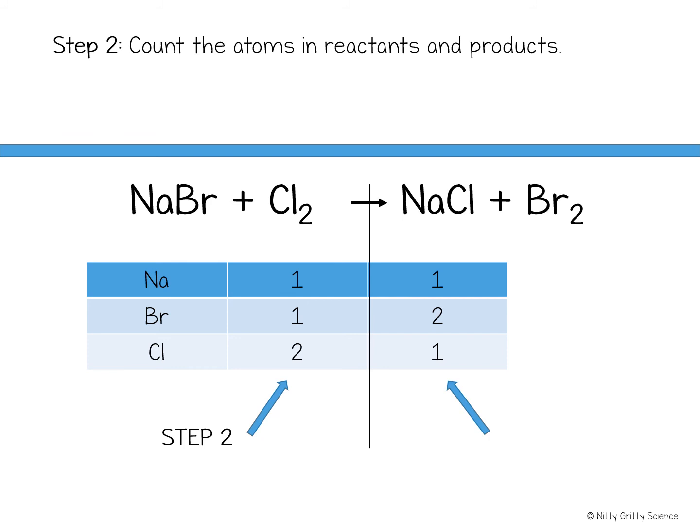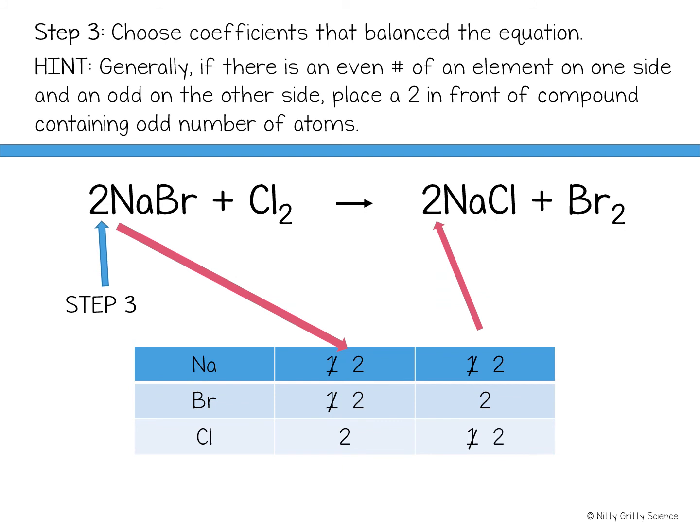So when looking at this, I can easily see that the sodium is balanced on both sides of the equation, but the bromine and chlorine are not. Therefore, this equation is not balanced, so we need to move on to the next step. Step 3, we are going to start choosing coefficients to help balance the equation.